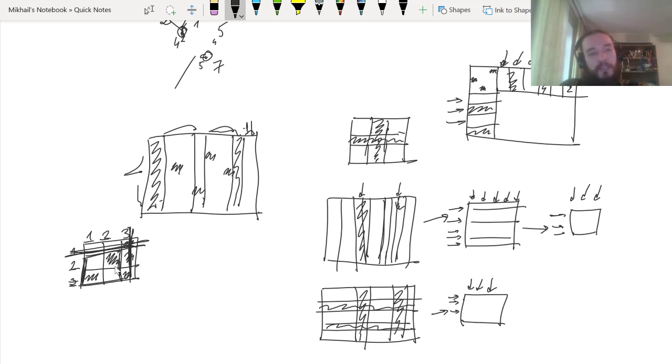So the question is, for this particular set, for example 1, 2, 2, 3, if this is the same as in the original board, how many ways are there to paint everything we have removed?